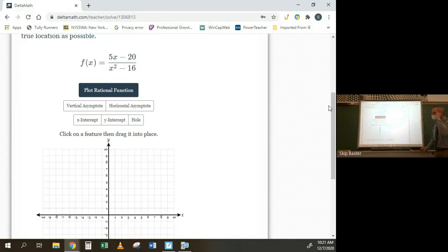So let me show you how it works on Delta Math. To find vertical asymptotes, remember you factor the top and bottom. I'm going to do it over here, because when I scroll down, my writing's going to stay right where it is. If I factor that, I get 5 times x minus 4 on the top, and on the bottom, I get x minus 4 times x plus 4.